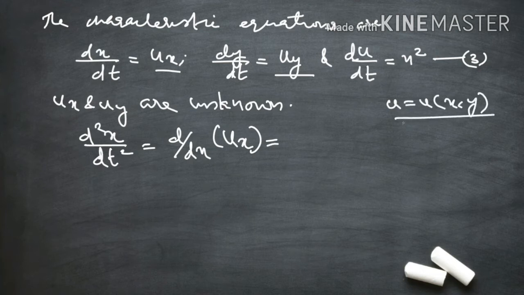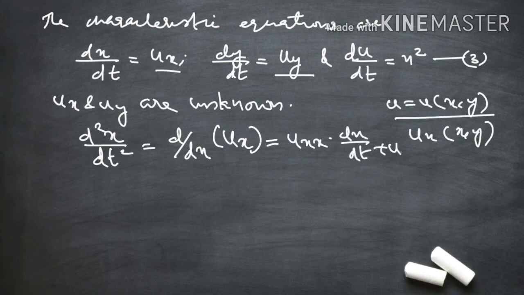So when we consider dou by dou x of ux, ux may also be a function of x comma y, so this can be written as uxx into dx by dt plus uxy into dy by dt, isn't it?